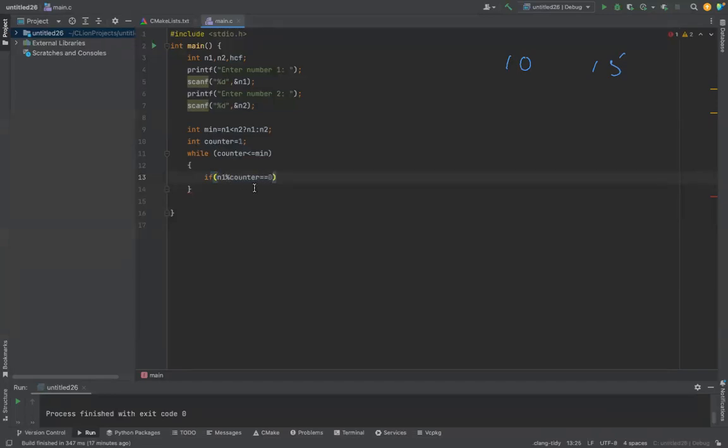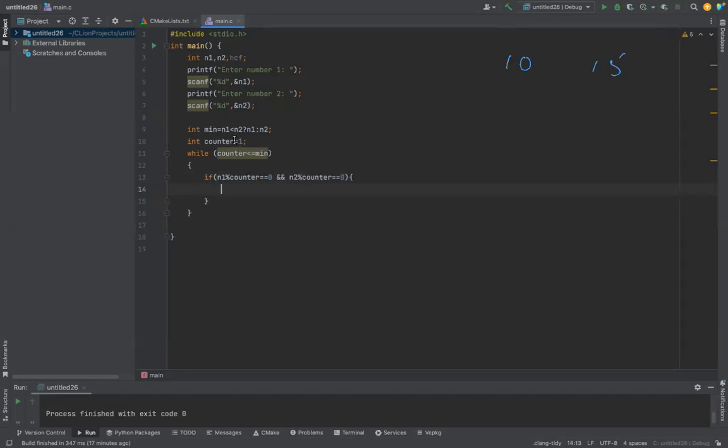That means perfectly divisible. Okay, not only n1, n2 also must be divisible by counter. Therefore, you can use the AND operator, and then n2 modulus counter equal 0. That means both can be divisible by that value. That means that is a common factor.